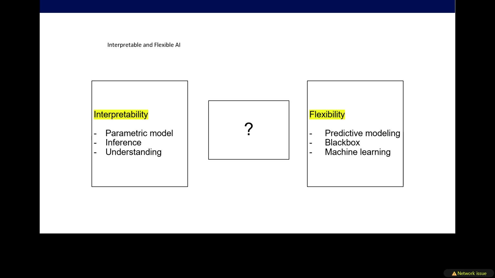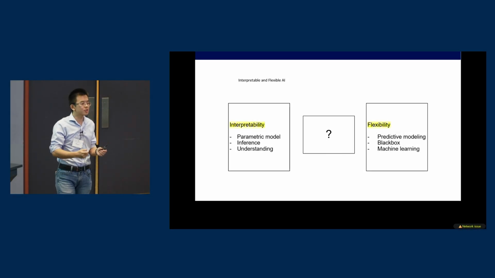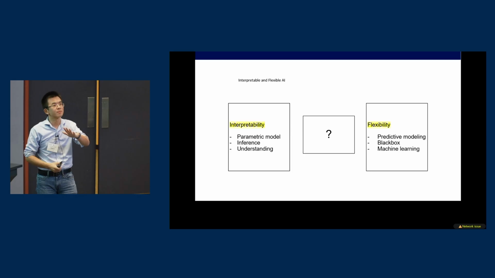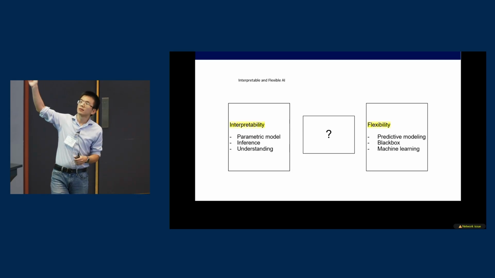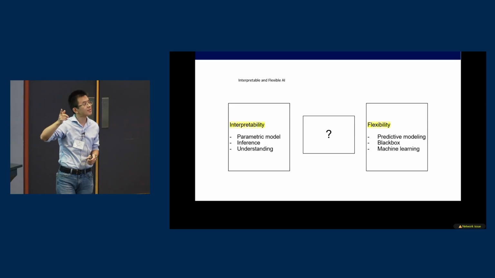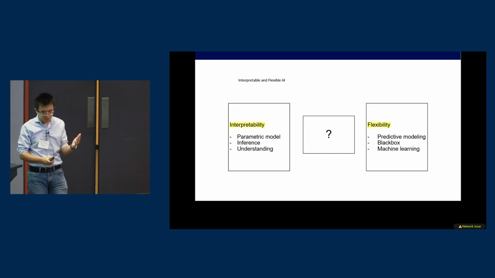You hope to have a simple model, understandable, tangible, and very easy to debug and monitor. Everything's good with this interpretable model, but maybe the accuracy is not the best. On the next one, you have flexibility, like deep learning, those neural nets, very flexible, and you have high accuracy. So you want to borrow the best from both worlds.